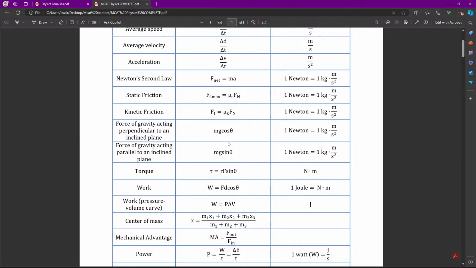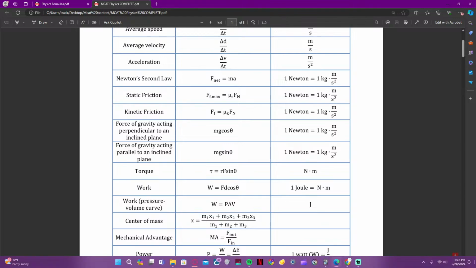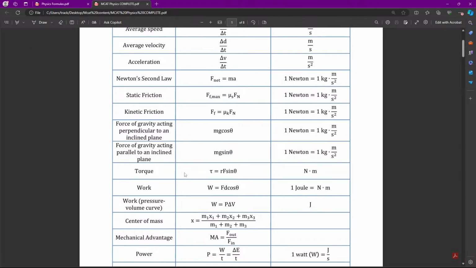Torque is tau equals r times F times sine of angle, which we know. Work is equal to force times distance. Work of pressure and volume is pressure times the change in volume. So if we have an isobaric reaction, there's no change in pressure.